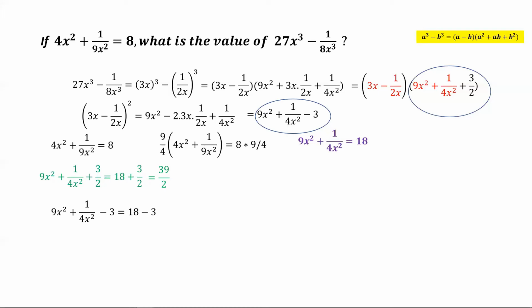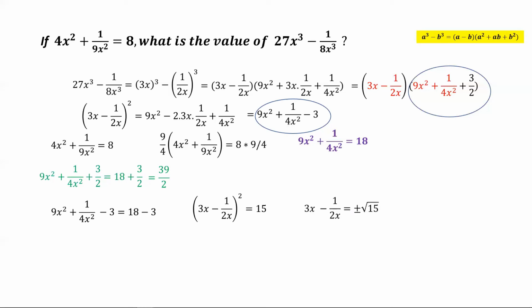The left-hand side, 9x squared plus 1 by 4x squared minus 3, is simply 3x minus 1 by 2x whole square, and on the right-hand side we have 15.